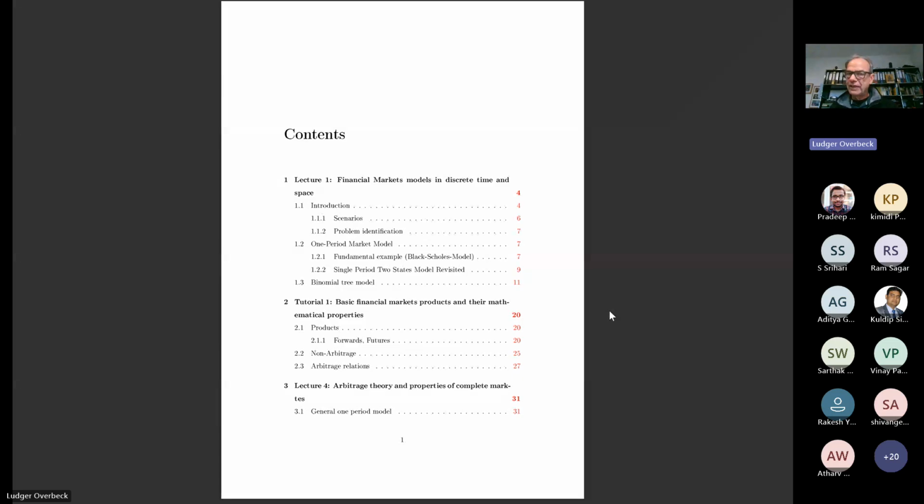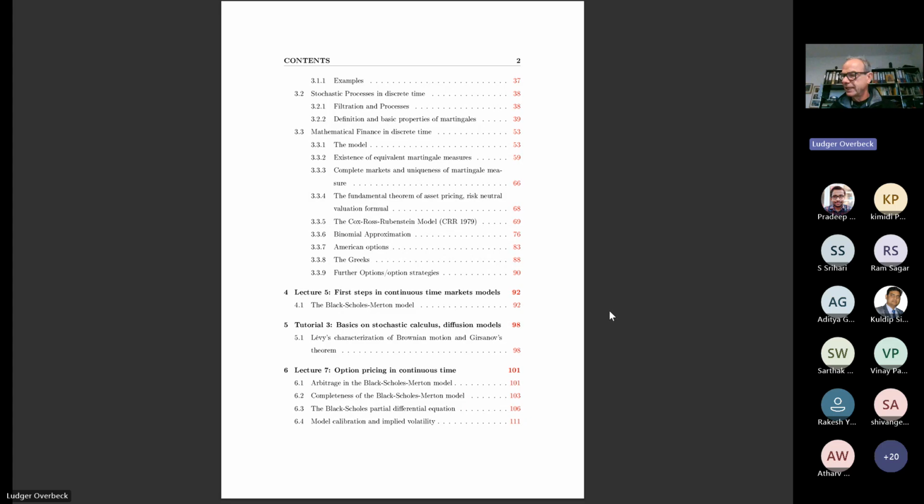Today we are working on one concrete example, and then in lecture 4 we will have a more abstract, more general setting. For this we then need the theory of stochastic processes, a part of probability theory, and we will apply it to see what mathematical finance in discrete time will be.